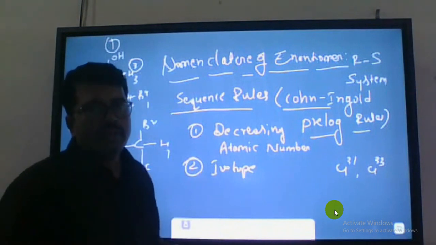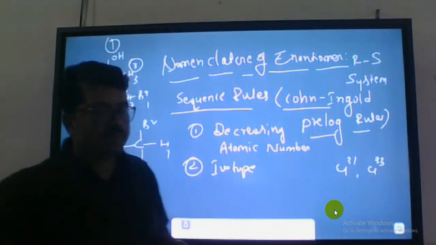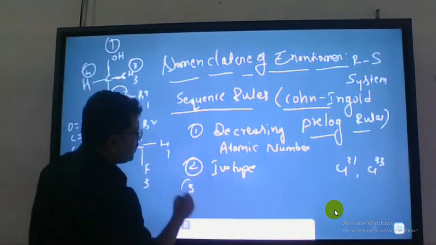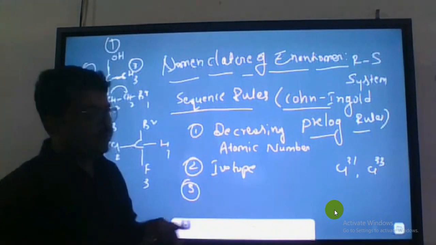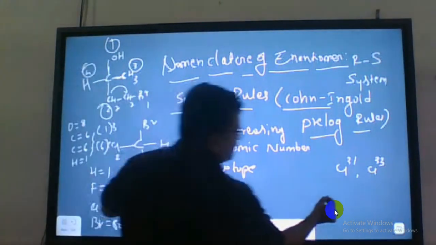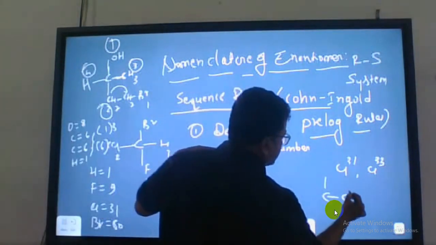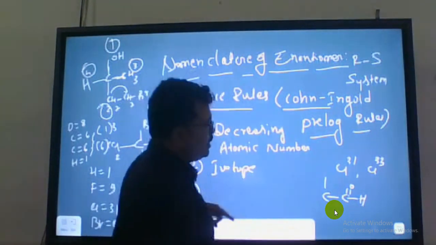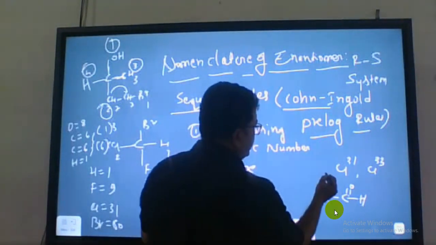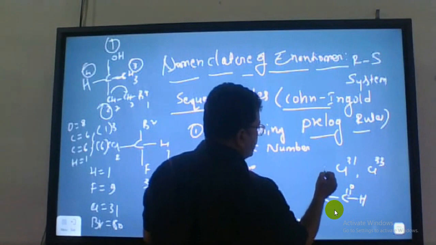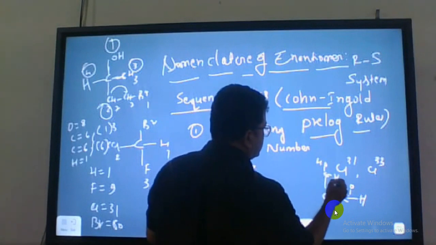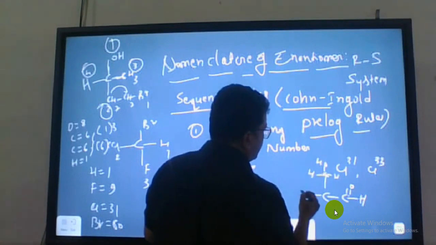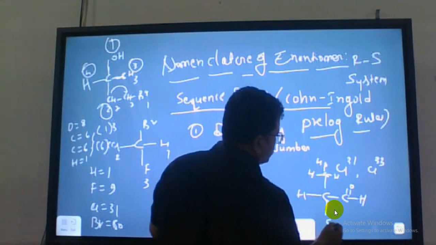Isotope rule. Okay? If same kind, carbon is there, if this is attached to ketone, and this is alcohol, and this is H, and this is chlorine.